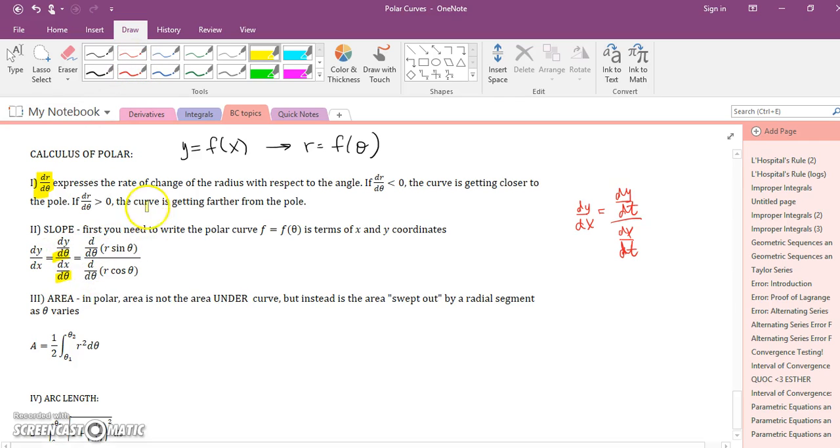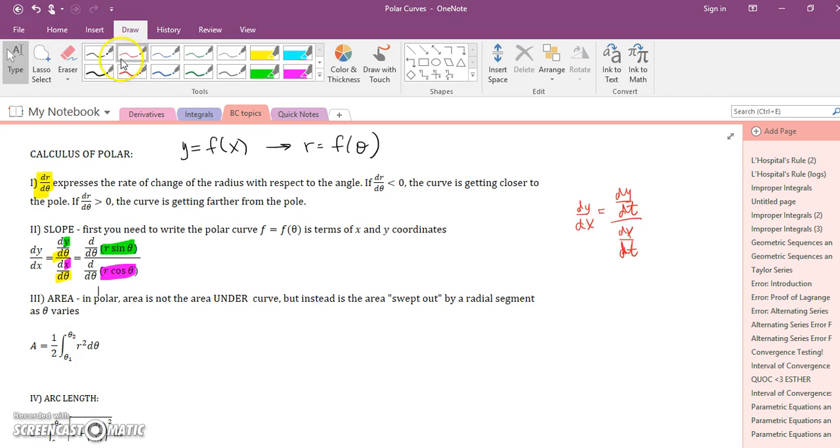It's a little bit more complicated in polar though, because to do dy d theta, y, remember, is r sine theta. So you have to take the derivative with respect to theta. That's what d d theta means. So d d theta of r sine theta. Dx d theta, you have to do the derivative with respect to theta of r cosine theta, because x is r cosine theta. We'll be practicing that in class.